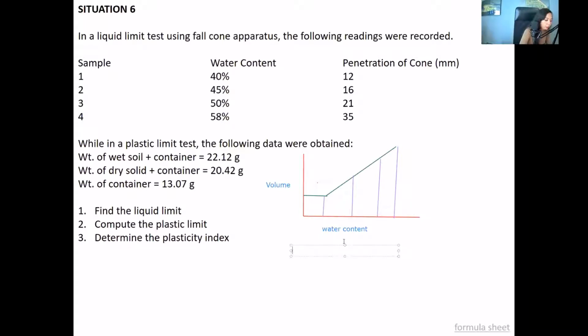Okay. The first area is the solid state. This is before the slope, where the slope is 0. That is the solid state. And then when the water content increases, you have the semi-solid state.